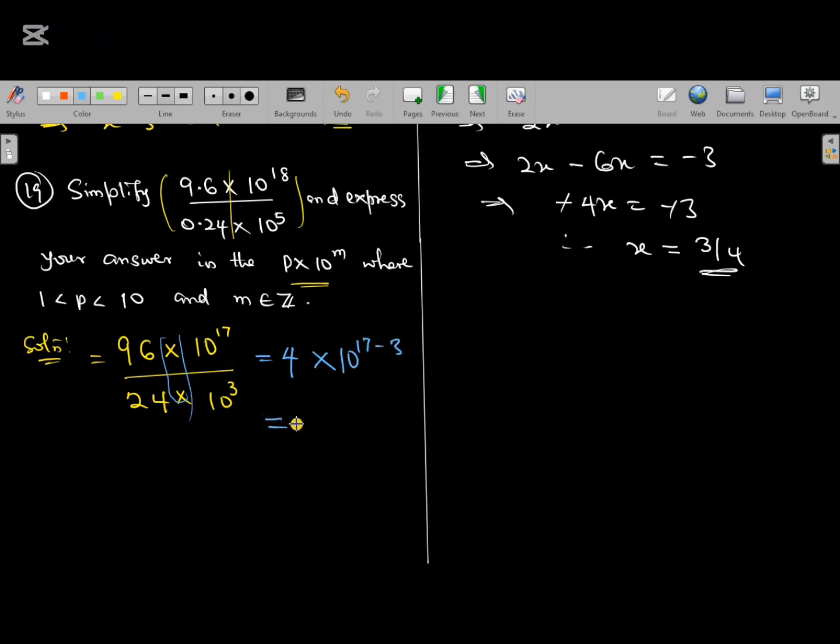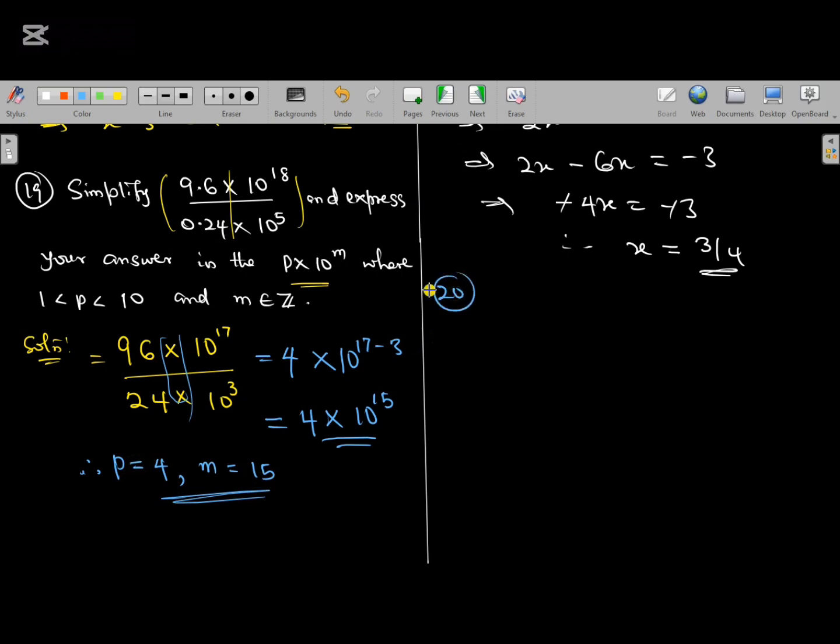And so your solution is 4 times 10 to the power of 15. So assuming that they asked you to get your P and your M, it means that our P is 4 and our M is 15, okay? And that is for 19.